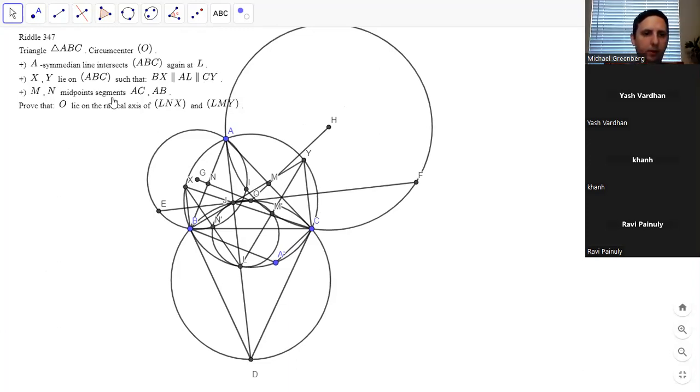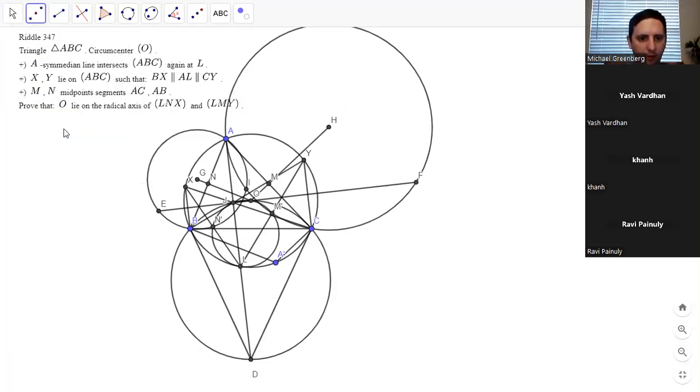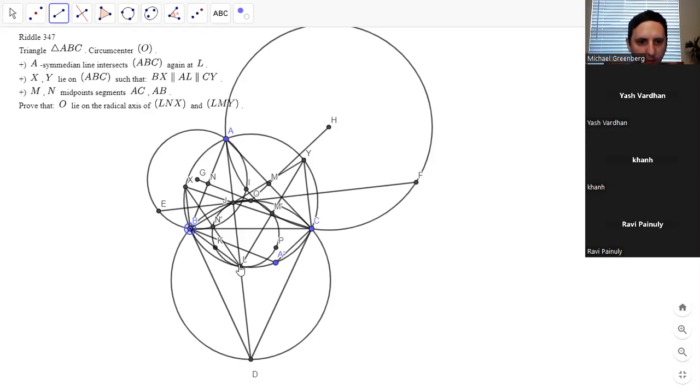So we could also take the midpoint of LB and LC, and those should lie on this circle. So instead of the circumcircle of A N prime B, I'm just thinking, what if we take this circle and do a homothety with ratio half?